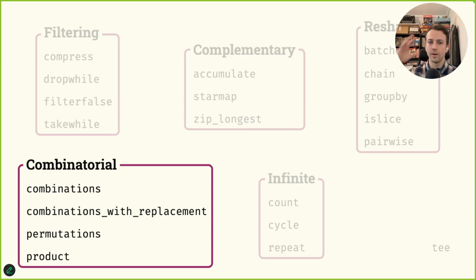So if you know anything of maths and you've heard the term combinatorics, then yes, there is a relationship here. Combinatorial iterables, they accept an iterable, and what they're going to do is they take your data and they combine the elements in different ways. That's the general description of the group.